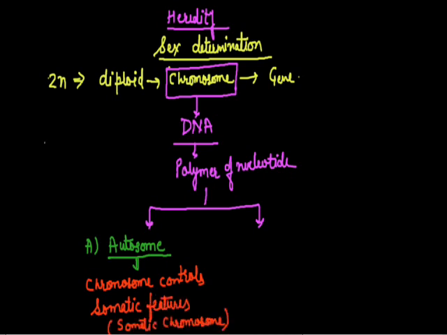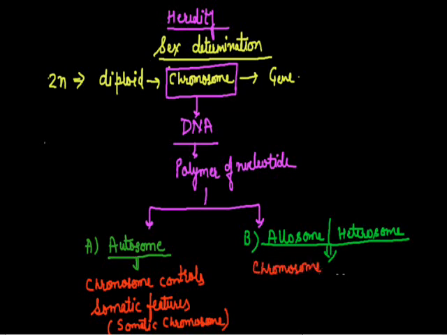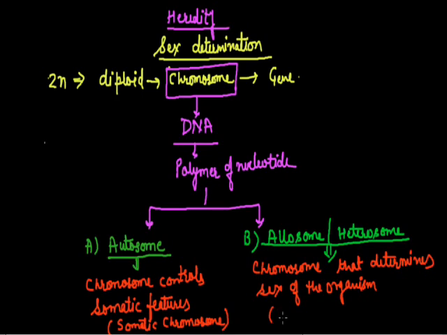The second category of chromosome is known as allosomes or heterosomes. Chromosomes that determine the sex or gender of organisms are known as allosomes or heterosomes, and because of that, these are also known as sex chromosomes.